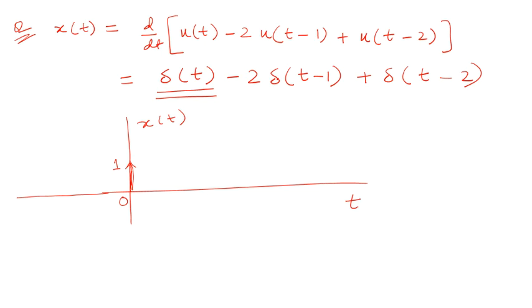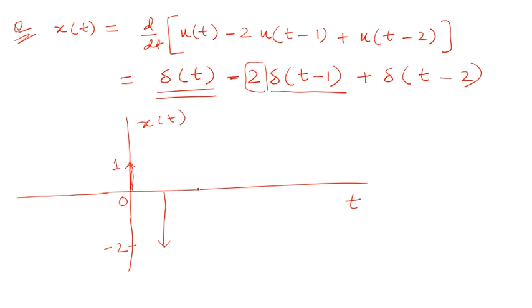Next is twice of δ(t−1). δ(t−1) will be an impulse at t equals 1, but its amplitude is being multiplied by 2. That means the amplitude will be 2, but there is also a negative sign here, so it will be 2 in the negative direction, an impulse with amplitude −2. Then again plus δ(t−2).